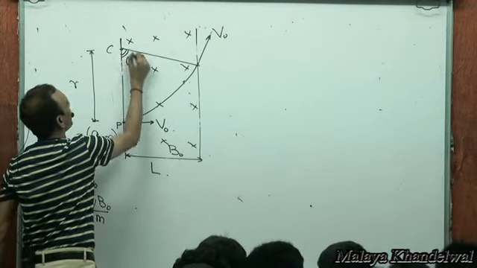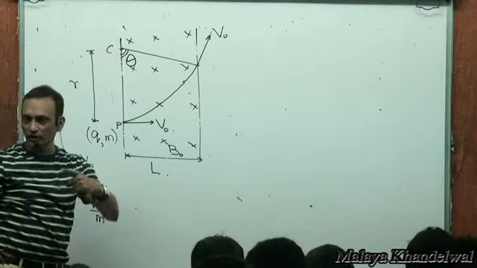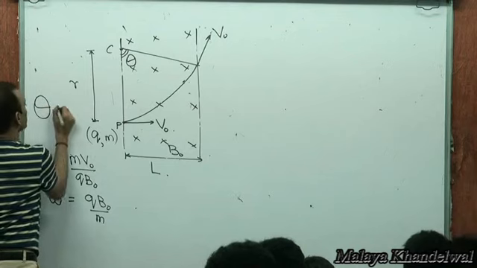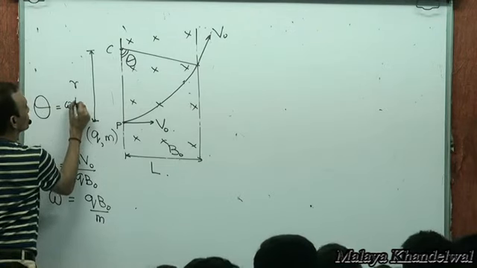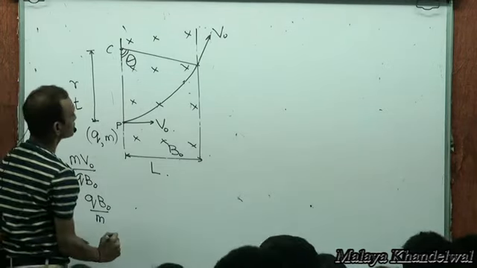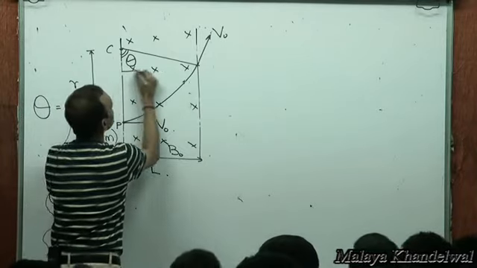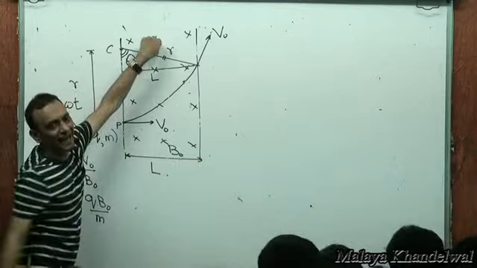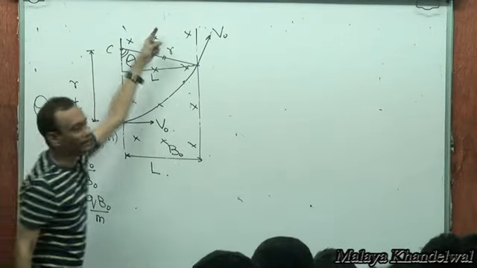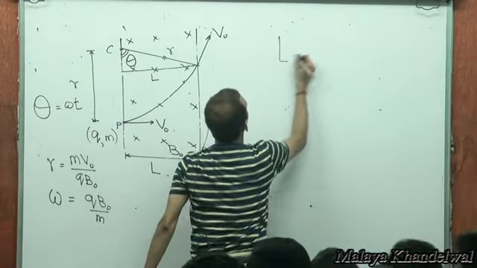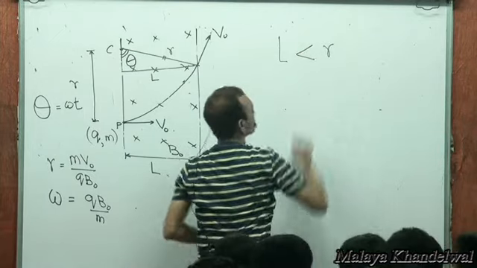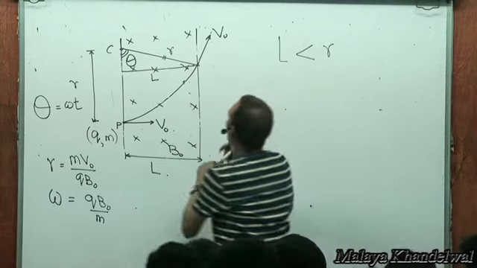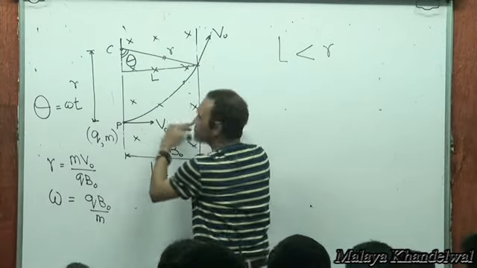It subtends an angle theta at the center, its angular deviation is theta, where theta is given by omega t. In this case, L is smaller than R. And then it will exit in this region, and the original direction of V was horizontal.